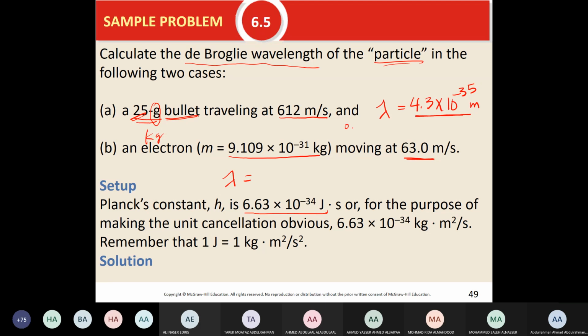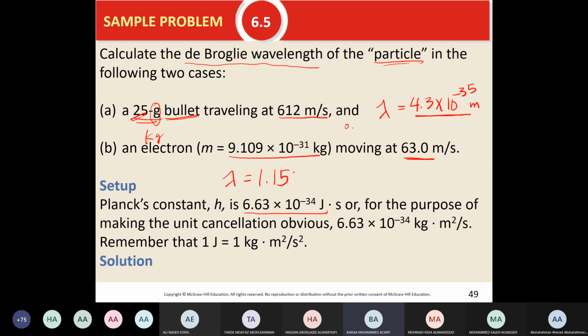Go ahead, calculate it quickly. 1.54 times 10 to the power minus 5 meter.